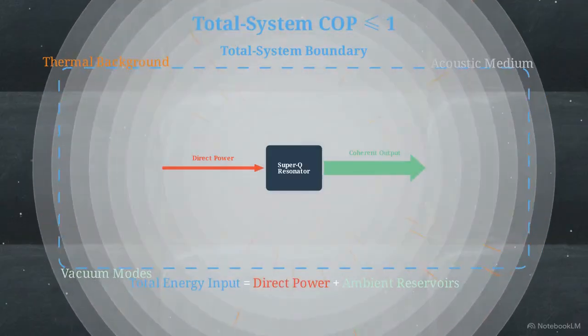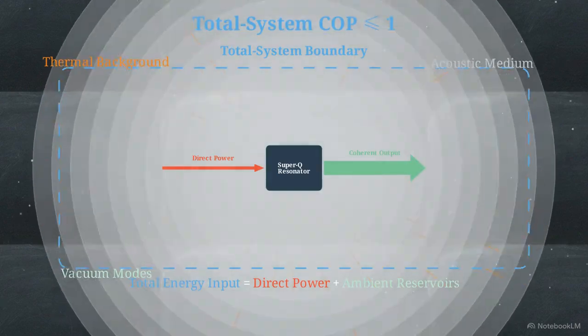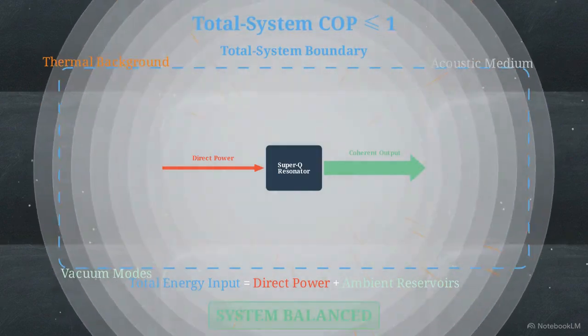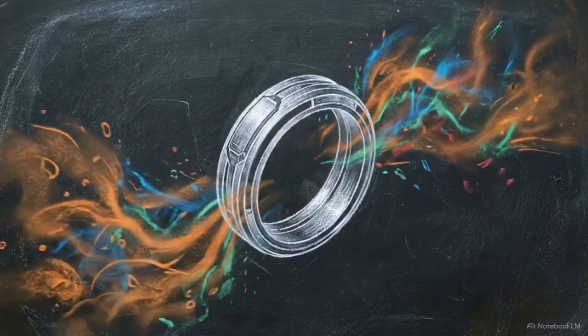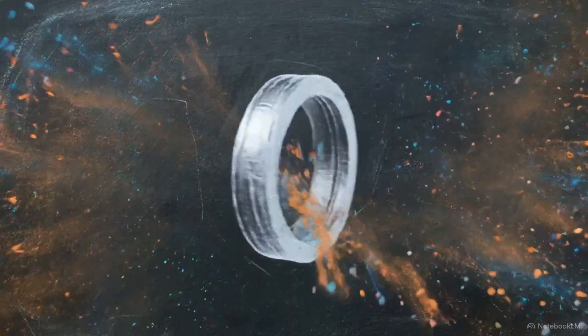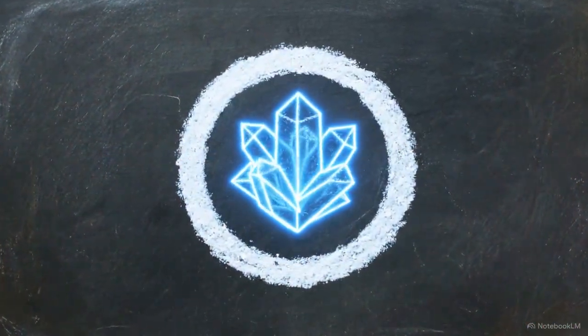When recalculated across this fully expanded boundary, the total system COP remains strictly at or below 1. The laws of thermodynamics are perfectly preserved. Engineering is shifting away from building passive boxes designed simply to hold on to energy. The focus is now on constructing precise boundaries capable of actively mining structural order directly from the universe's thermodynamic noise.